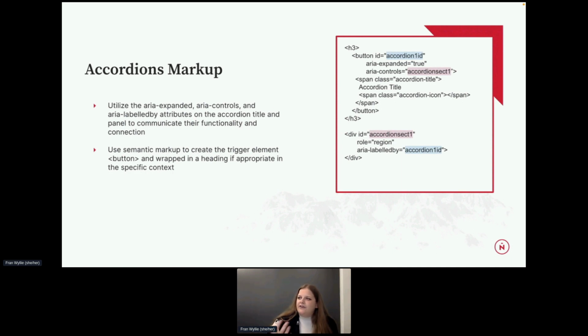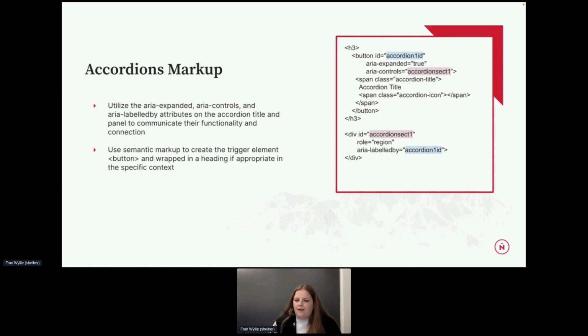And then as far as attributes on that, we're going to want to make sure that the accordion trigger itself has a unique ID. Then we can use the ARIA expanded attribute, which will either have the value of true or false, which should dynamically change depending on if the accordion is open or closed. And then the ARIA controls attribute, which connects the accordion trigger to the actual content itself, and that references the unique ID of the accordion content.